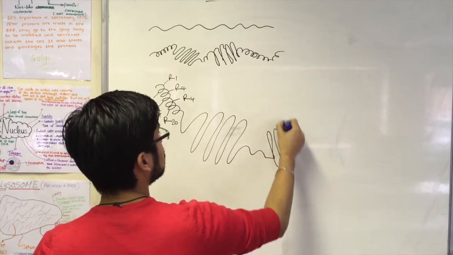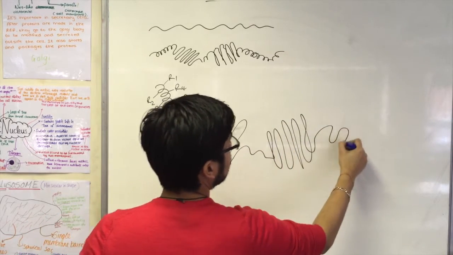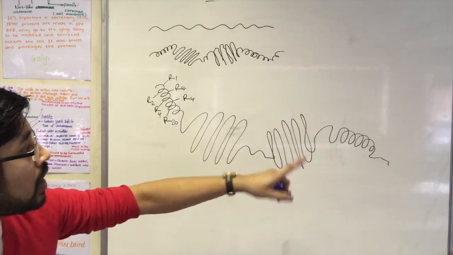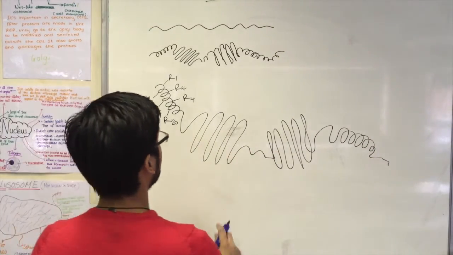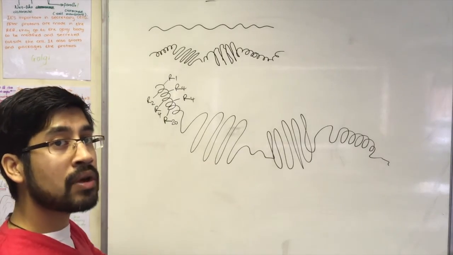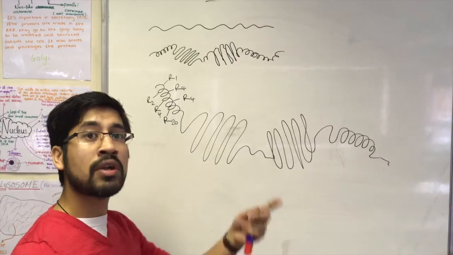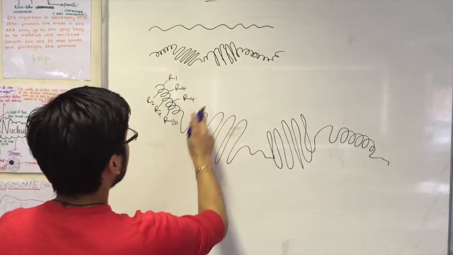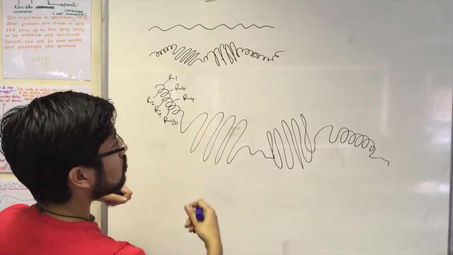I might have another sheet bit. I might have another helical bit. Okay? And remember that all along our polypeptide chain, we've got R groups sticking out. Okay? Some of them are polar, some of them are non-polar, some of them charged, some of them not charged, some of them contain sulfur. Okay, now depending on where they are, they can form different interactions.